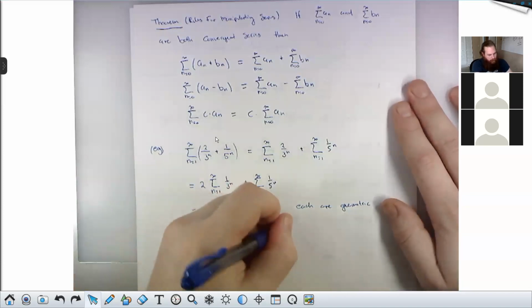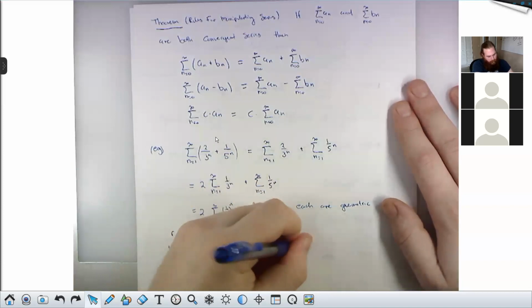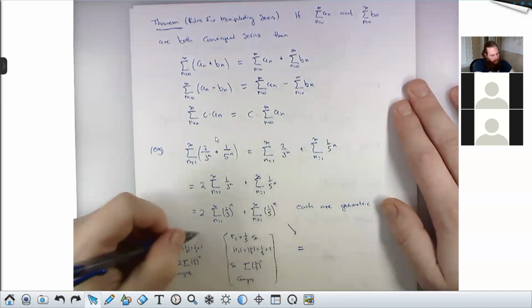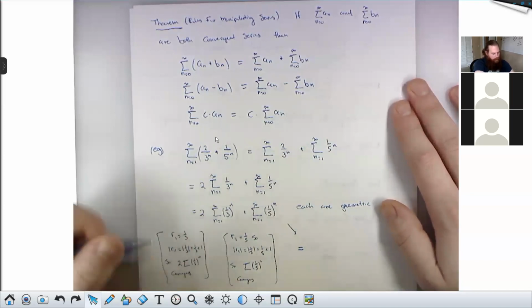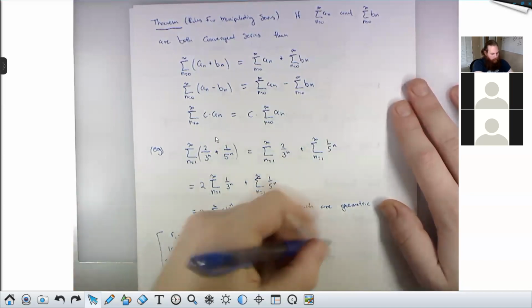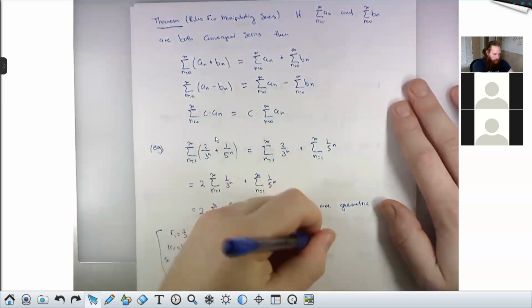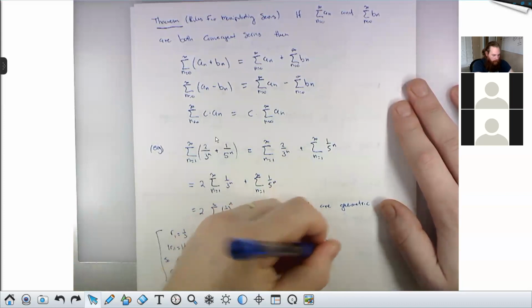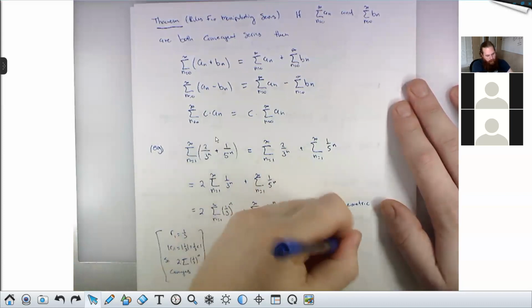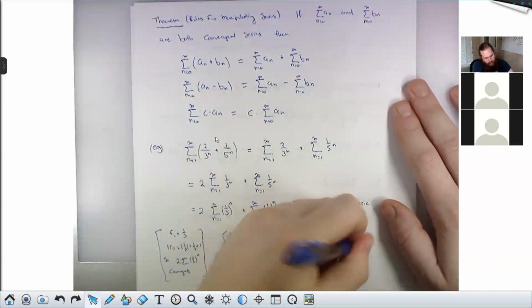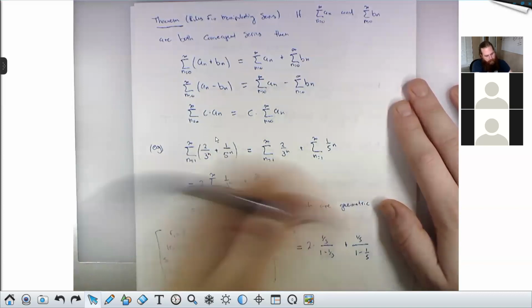And overall, I'll take each one's starting term and divide by 1 minus his common ratio. So I'll have 2 times, the starting term here is 1/3, and the common ratio is 1/3. And then this guy has starting term 1/5 and common ratio 1/5.